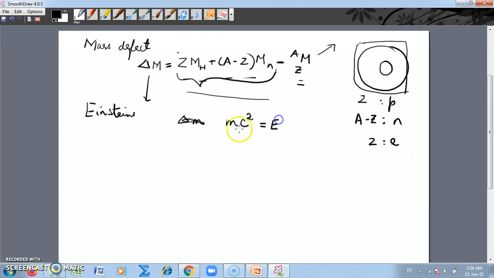That means the mass M can be converted to energy, and how much energy do we get? We get this multiplied by c square. So that means the mass that has been lost has been converted to energy, and this energy is responsible for keeping those nucleons, that means the protons and the neutrons, very closely packed together.